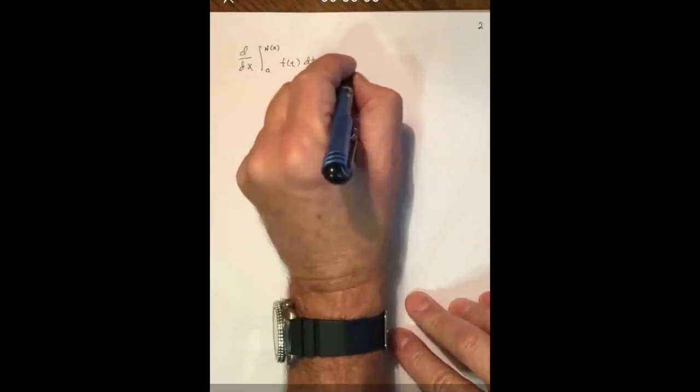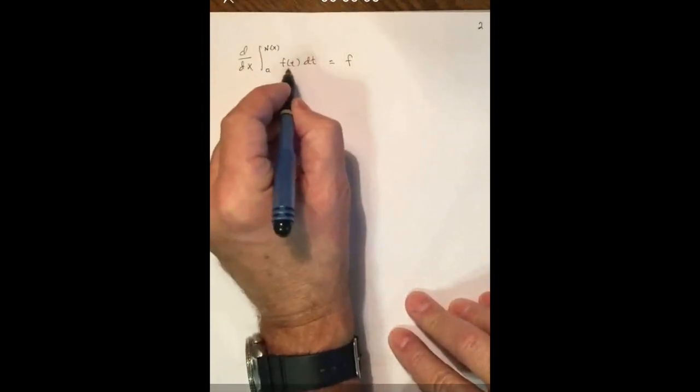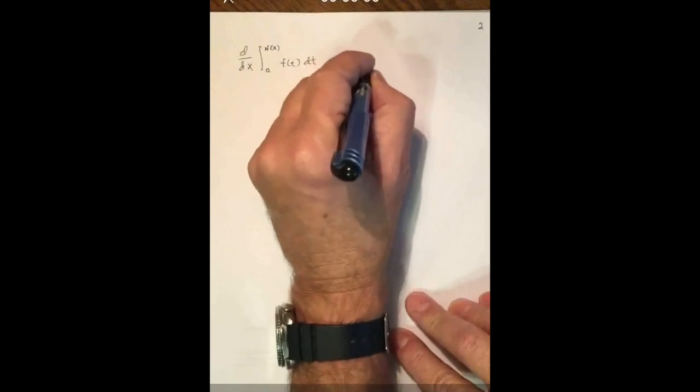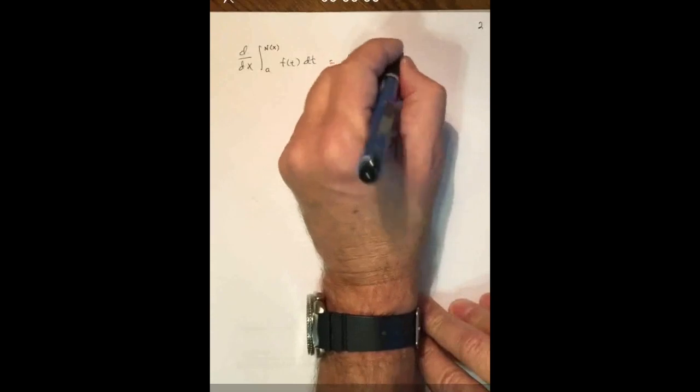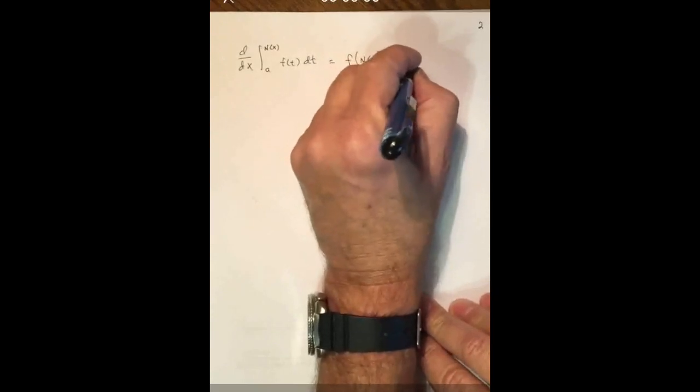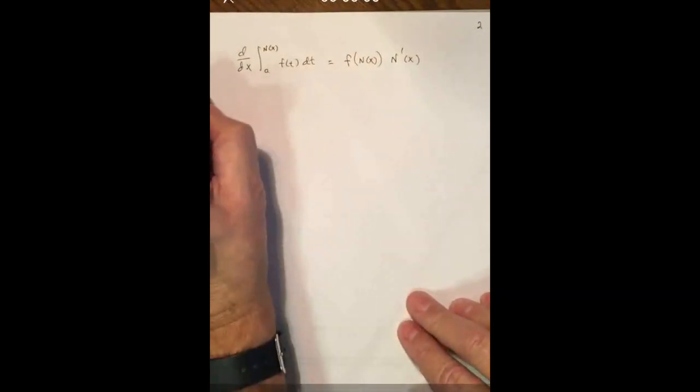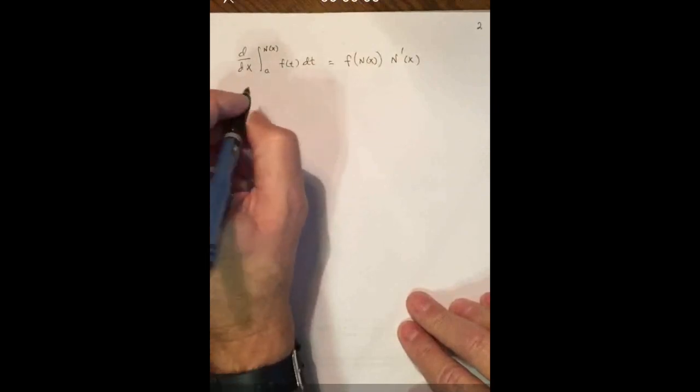What we do is we take the integrand f, and we plug in whatever n of x is, and then we multiply, and this is where the chain rule comes in. We multiply by the derivative of that function n of x. So let's look at a couple of examples here.